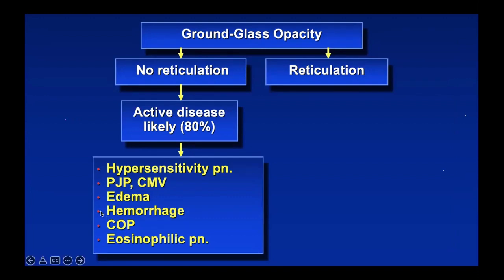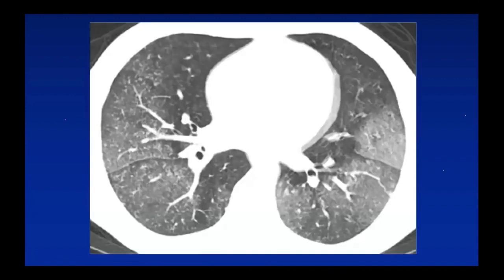Hemorrhage can also occur, but it's much less common. So those are the things that I consider in the acute setting. In the more chronic setting, hypersensitivity pneumonitis is an important consideration, and others are just less common. But COP and eosinophilic pneumonia, if there's peripheral consolidation or ground glass opacity.